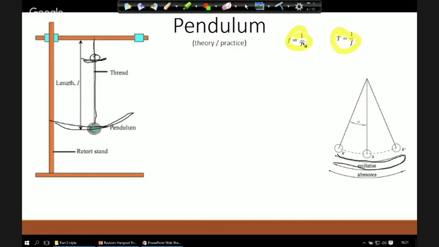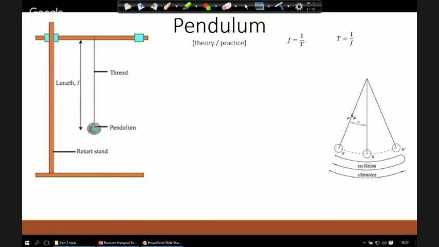Now, the time for one swing is found by 1 over the frequency. Frequency tells us how many times a second something will swing. Well, to work out the time for one swing, it's just 1 over the frequency. Okay, now don't forget that there's a possible circular motion link to this. We're going to look at circular motion shortly, but it is possible that they might ask us some circular motion questions about pendulums.